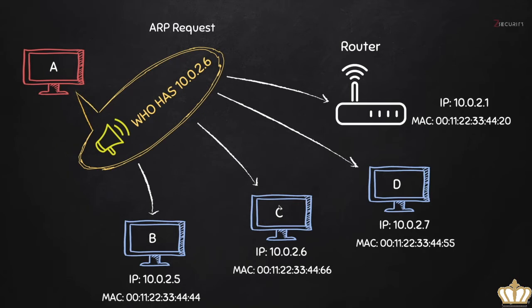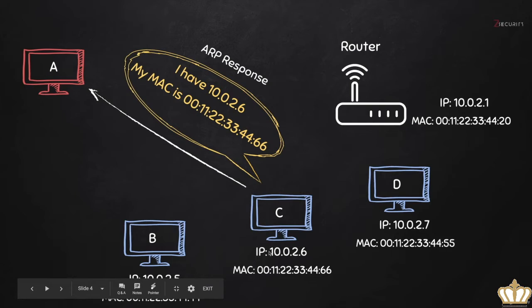And the only device that will respond is device C, sending an ARP response. In this response, device C is going to say, I have 10.0.0.26, my MAC address is this MAC address. This way, device A will have the MAC address of device C, and now it will be able to communicate with device C and do whatever task that it wanted to do initially.